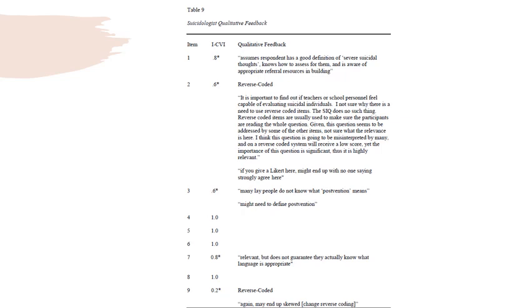Also, someone said that if you use a Likert scale, I might end up with no one saying strongly agree. So if that's the case, what kind of effect would that be that we talked about earlier? I'll give you some time to answer that out loud. So there's two different ones it could be.